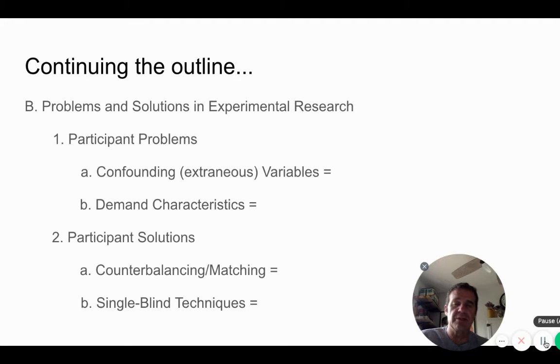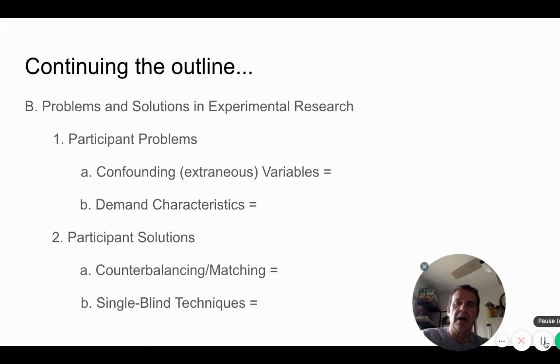Another way that we can single blind is to add different things to the study so they can't figure out what exactly is going on. We'll talk about context-dependent memory in a second here. So single blind compensates for demand characteristics, counterbalancing compensates for confounding variables.